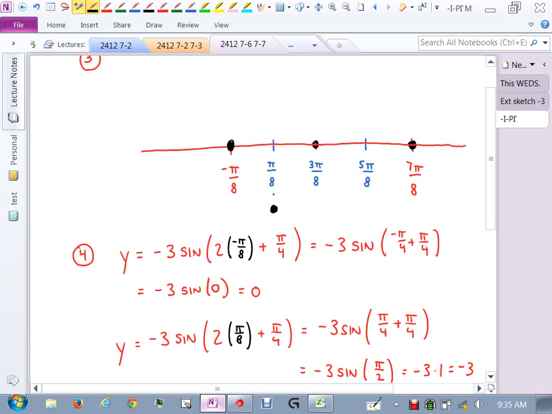Now, how do I know that that's down 3? Well, I haven't put a y-axis in there, have I? So I need to, at some point, put a y-axis so everyone knows that that goes down 3. Now, where would my y-axis be? At 0, right, on the x-axis, so that would be right here. So I could just draw my y-axis in here.